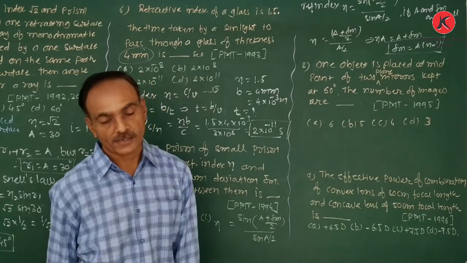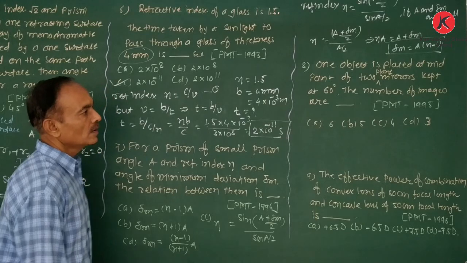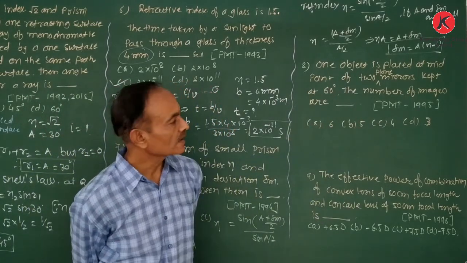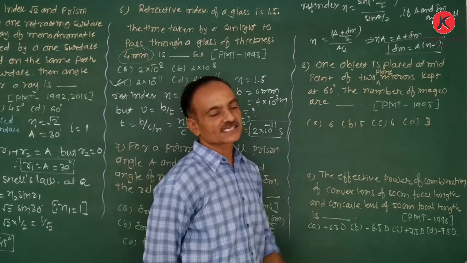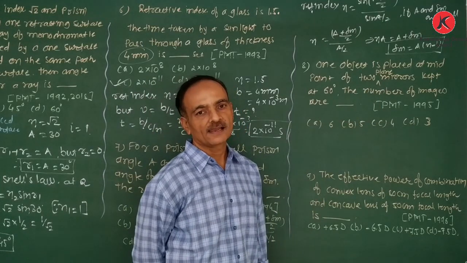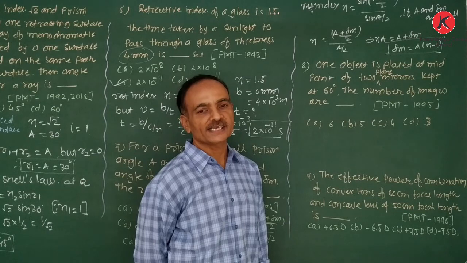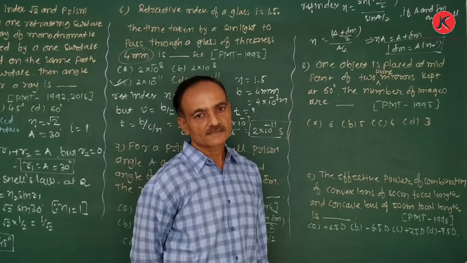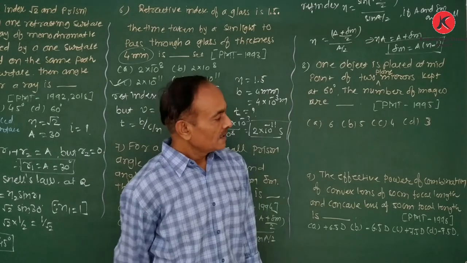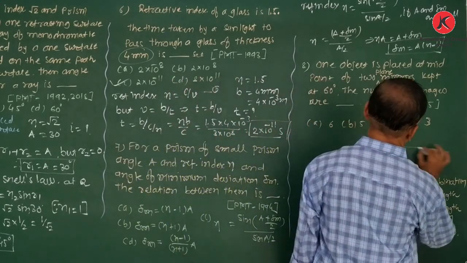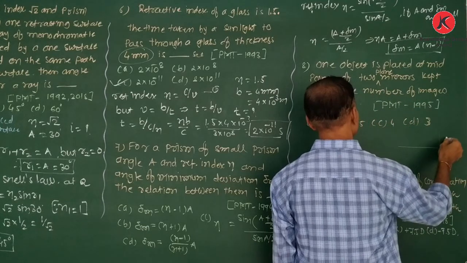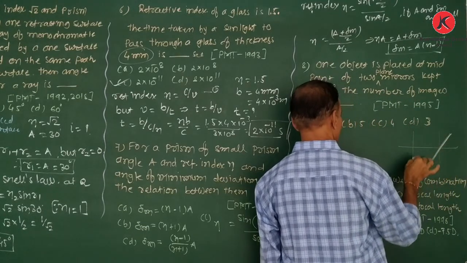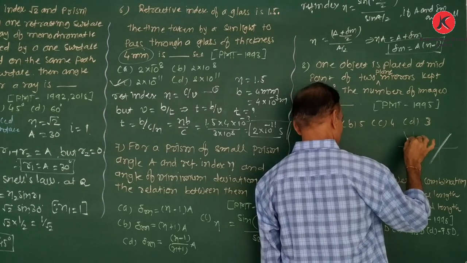Clear it? Okay. Now, one object is placed at the midpoint of two plane mirrors kept at a 60-degree angle with respect to each other. So here the two plane mirrors: one is kept at a 30-degree angle, and the second is kept again at 30.